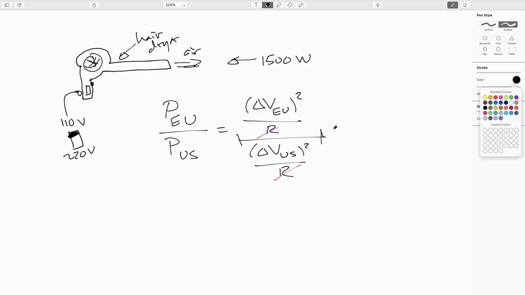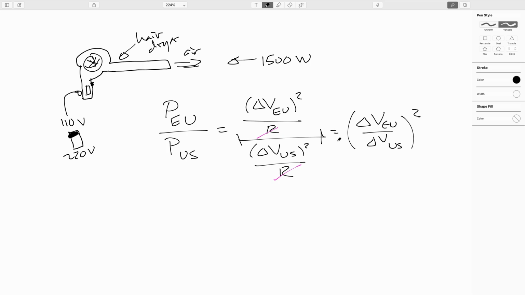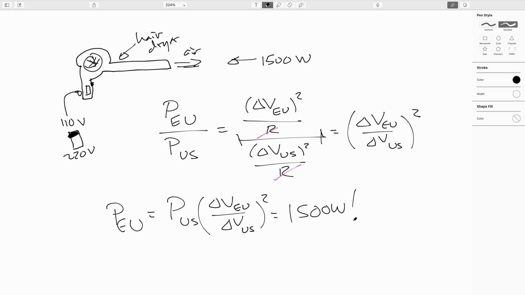So we can clean this up a little bit and get that this is delta V in the EU over delta V in the US, squared. So if I don't throw this switch, the power that my hairdryer will try to emit in the EU is what it'd do in the US times the square of the ratio of the voltages. So again, a typical hairdryer is 1500 watts, unless you're talking about one of the really super crappy hotel ones that don't dry anybody's hair.